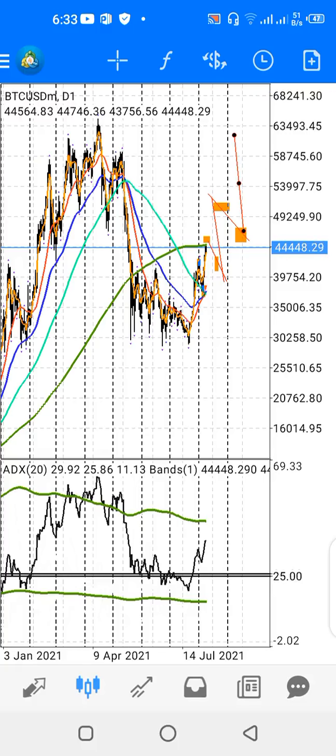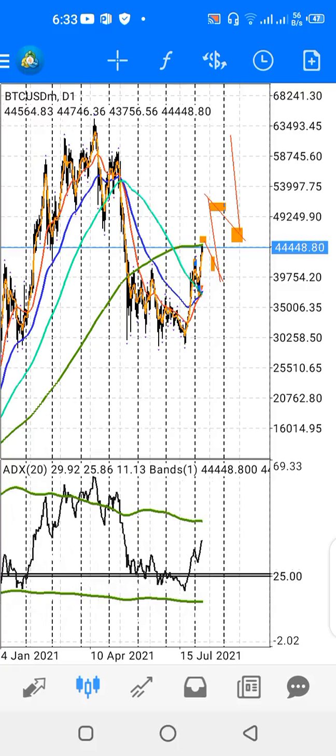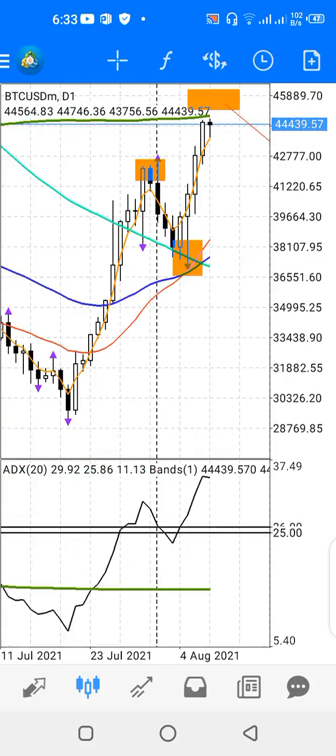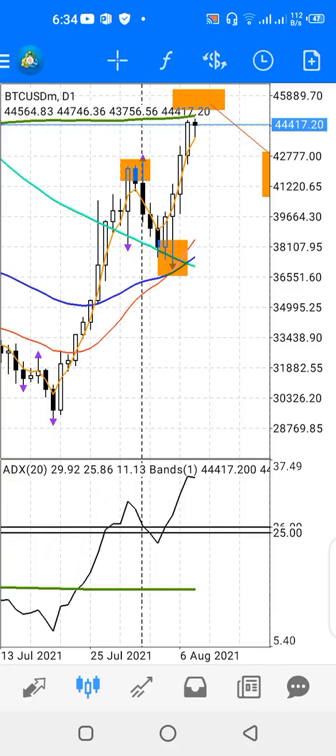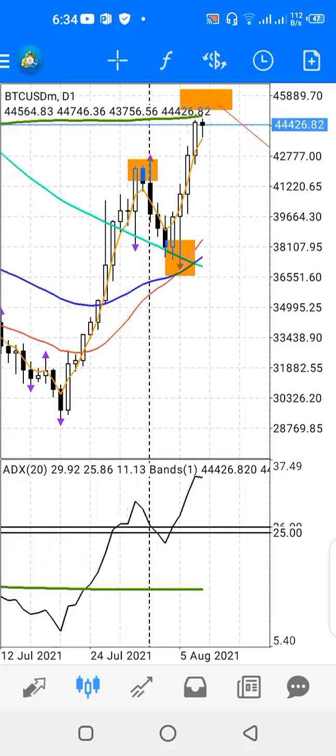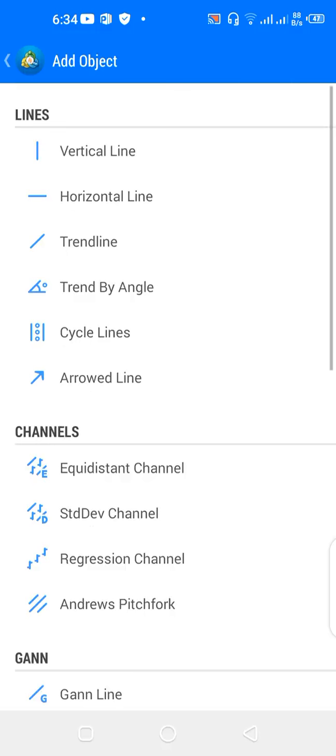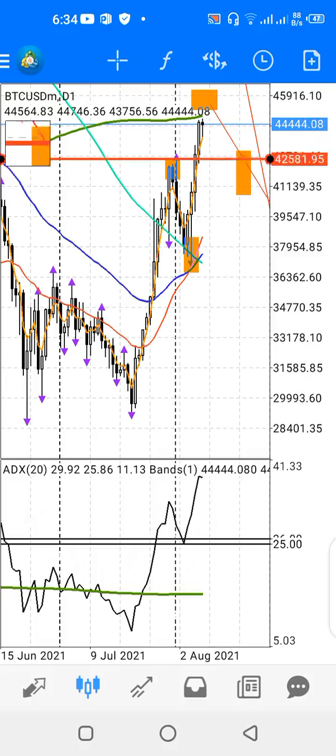But I may be wrong. Let's keep our fingers crossed. But with the way price is moving, it's definitely bullish. The bulls are in control. The reason why the bulls are in control is because price broke this high to form a higher high.